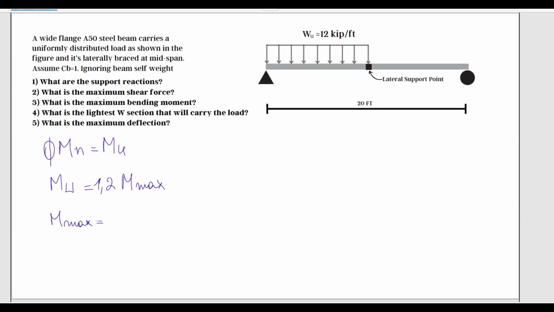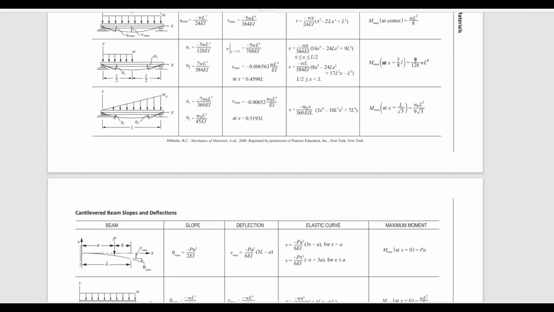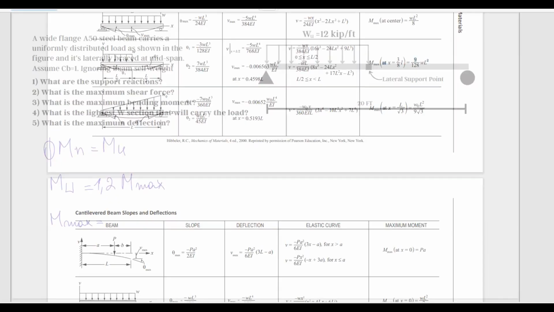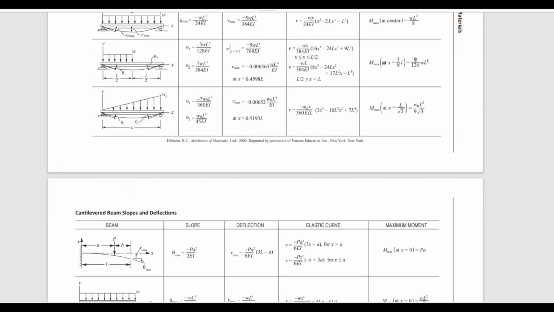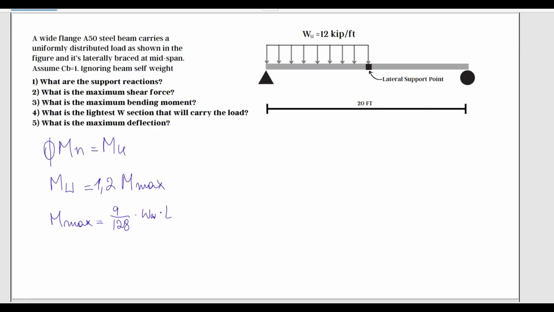Now M max, what was it? It was 9/128 multiplied by the load, Wu, multiplied by the length squared, L².